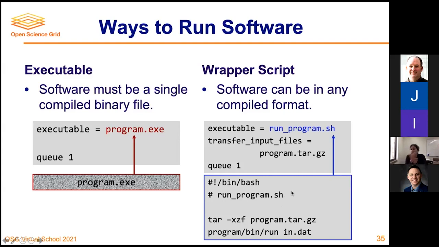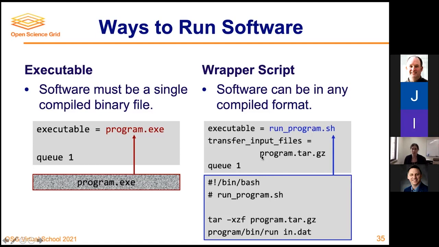This is exactly what I did in the R demo. I unzipped my R installation tarball, I set the path, and I ran my code. That's exactly the kind of thing that goes into this script. And then that script becomes your executable. Any software or data components it uses get listed in transfer input files.